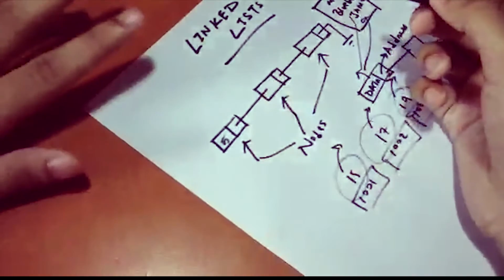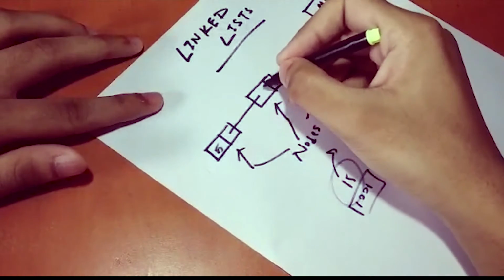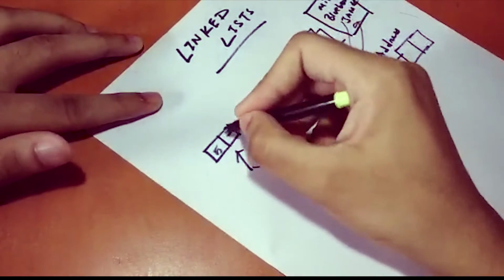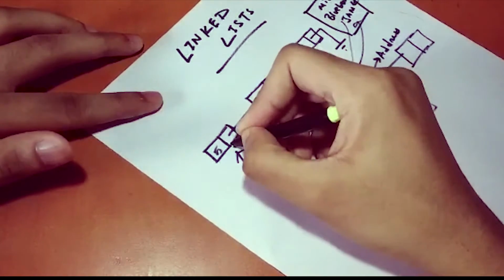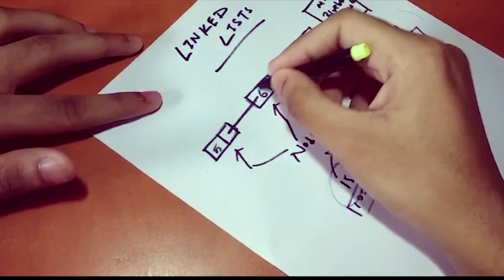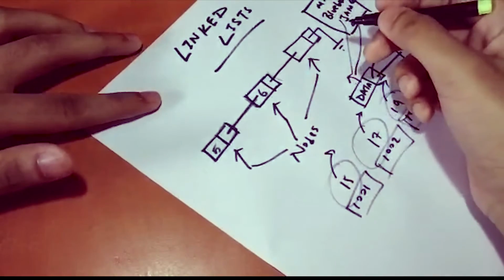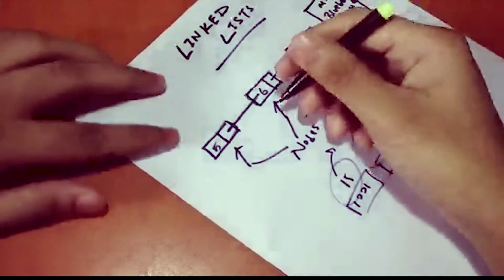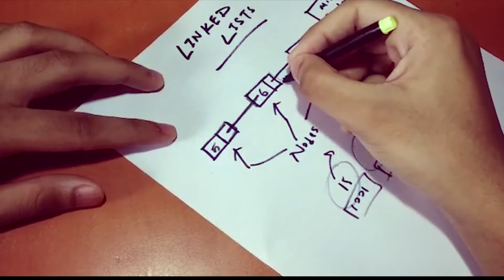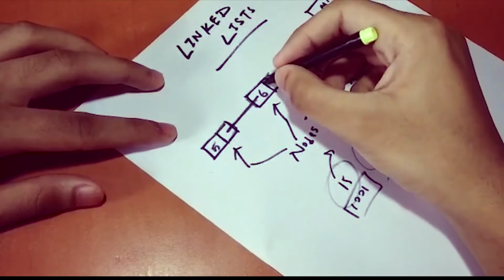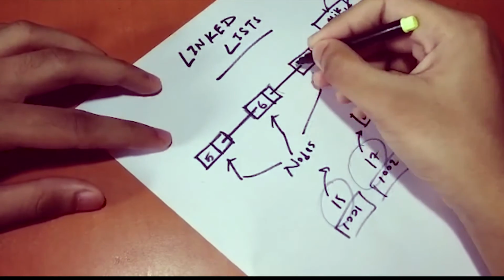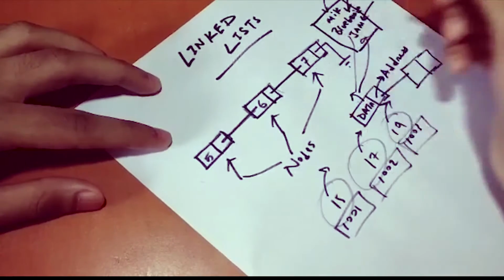It has some address. Now another number, say 6. The address part of 5 will store the address of the second node, 6. Again, the node of 6 has an address part, and this address part will store the address of this next node, say 7.